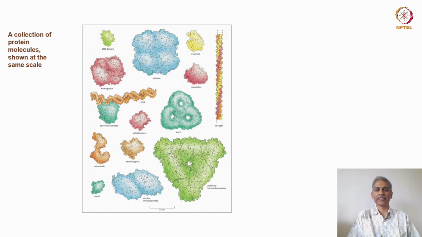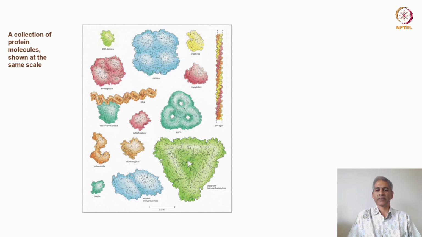For instance, we can see that the hemoglobin molecule is approximately 5 nanometers large. Then, apart from things like enzymes, so shown here is a nuclease, so this will be an enzyme which will cleave DNA. You can have structural proteins like collagen, so this forms long fibers which give strength and flexibility to our cells.